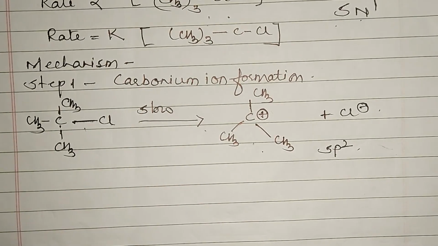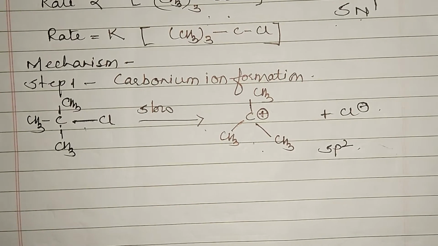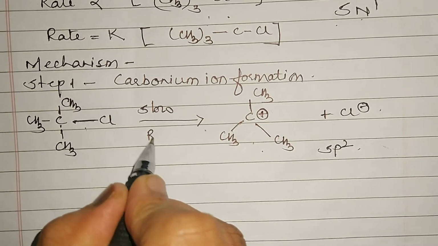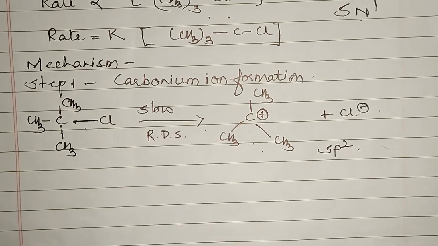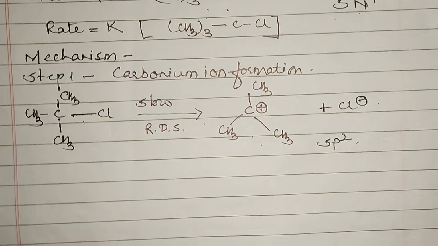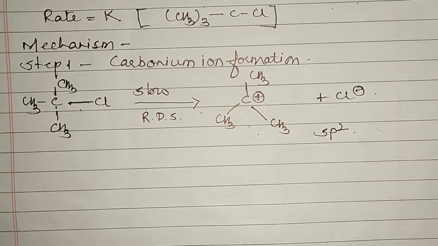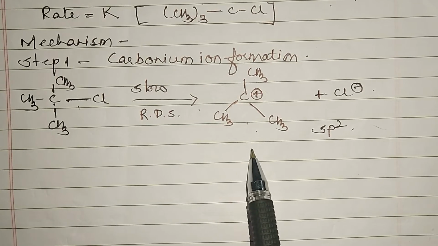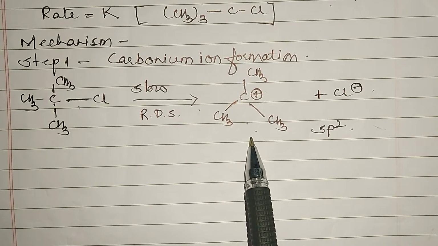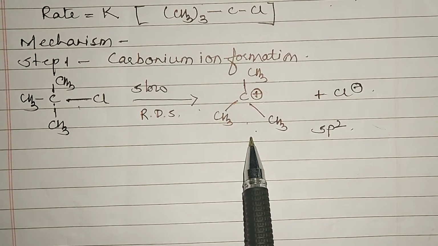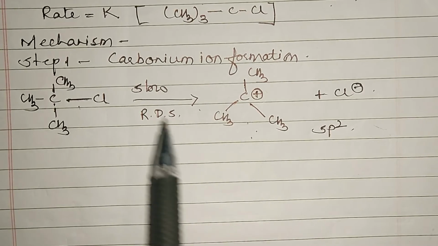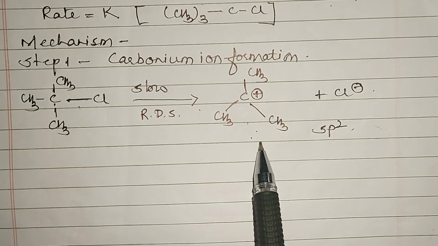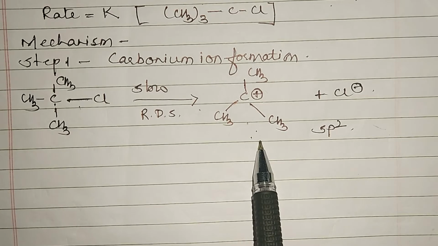This step is slow, and therefore this step is the rate determining step, that is RDS. This is known as the tertiary butyl carbocation. This is the first step. In the first step there is formation of a carbocation which is planar and whose hybridization is sp2.